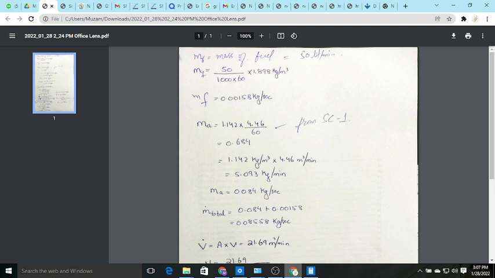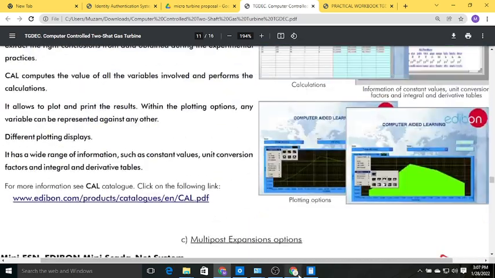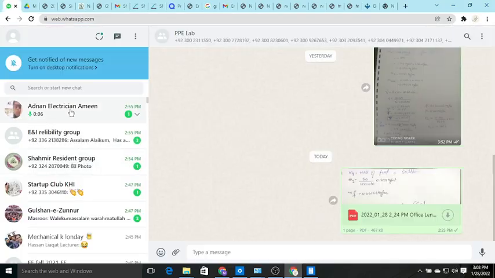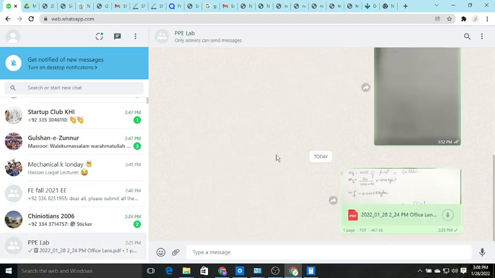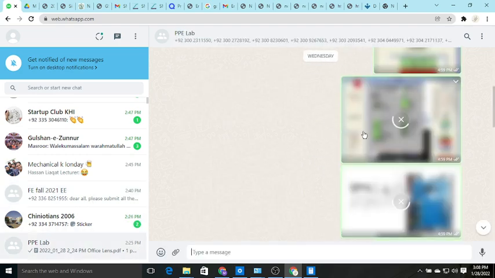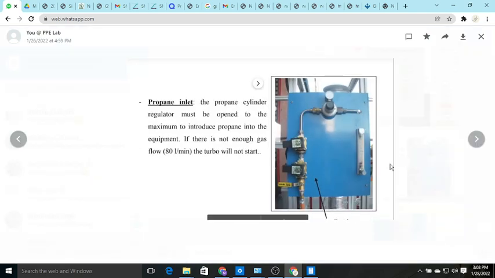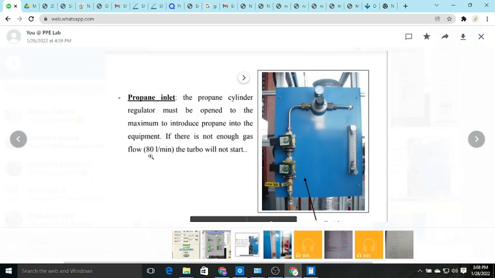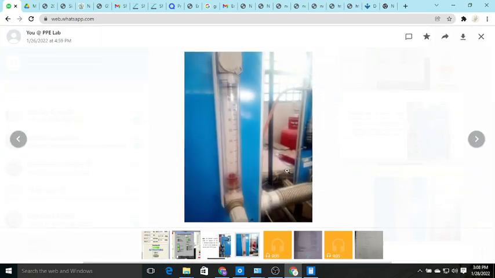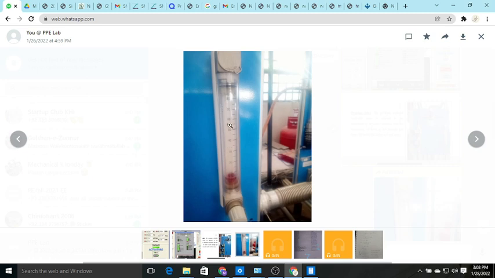I'll show the fuel flow from this picture. Yes, I'll share this picture. We have a maximum limit of 80 liter per minute, but it is working between 50 to 60. Okay, this shows the mass of the fuel propane LPG, and it is not recorded electronically, so we have to put a manual reading like 50 to 60.